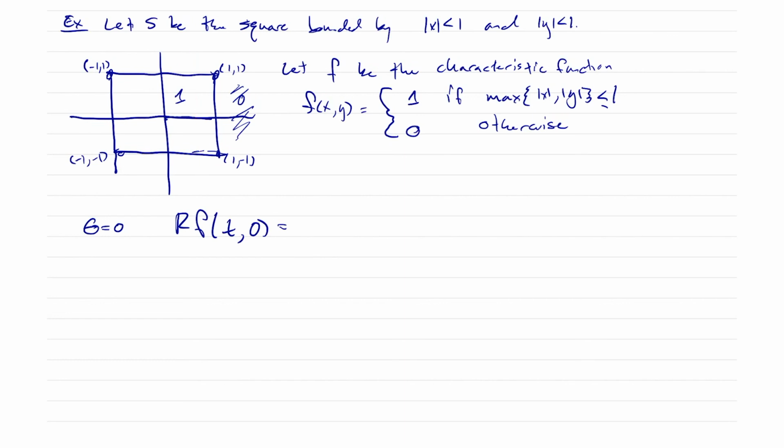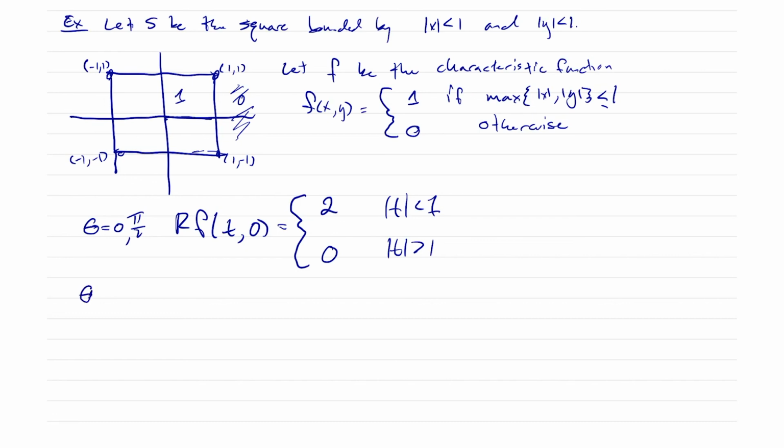Well, since the side length is 2, we get 2 when the absolute value of t is less than 1, and we get 0 for the absolute value of t bigger than 1, because once we exceed this area, that's it. Generally speaking, if we put in theta equals, say, pi over 2, we get exactly the same answer.